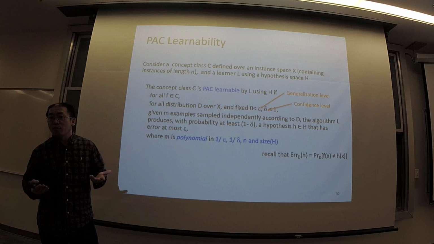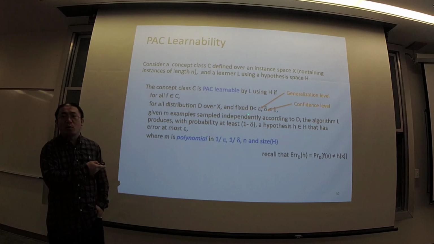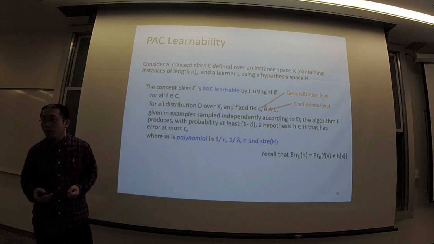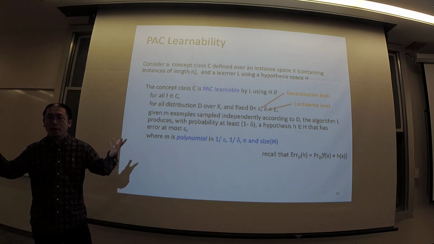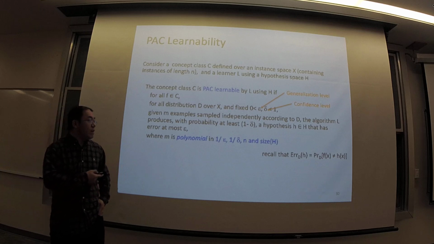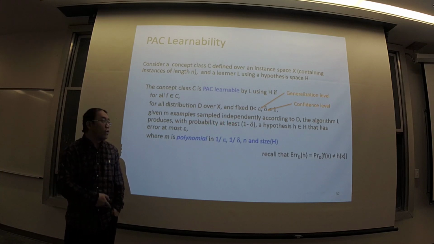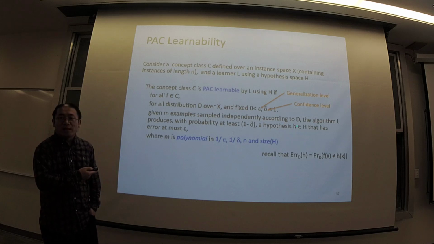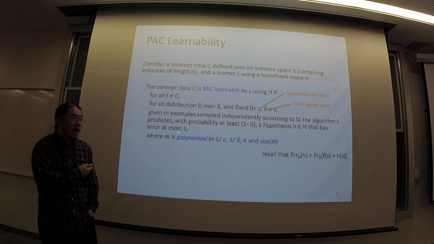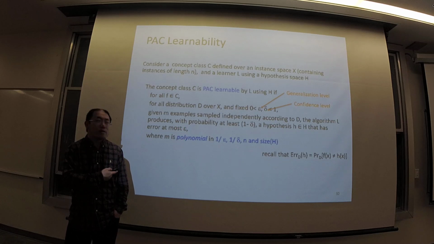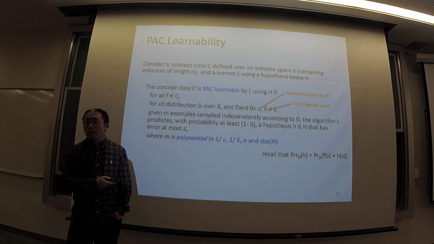Say epsilon is 0.01 and delta is 0.01. That means my learning algorithm, my decision tree or my neural net, has a 99% chance to give you a classifier whose true error is at most 1%. That means its accuracy is at least 99%, right? That's really amazing, right?